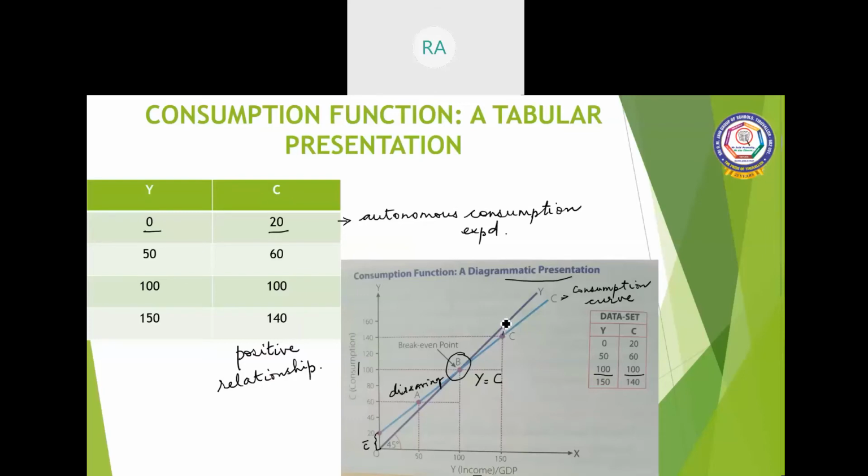Suppose I mark this as A. There is excess income of AC. This is the saving in the economy, because income minus consumption expenditure leads to saving.